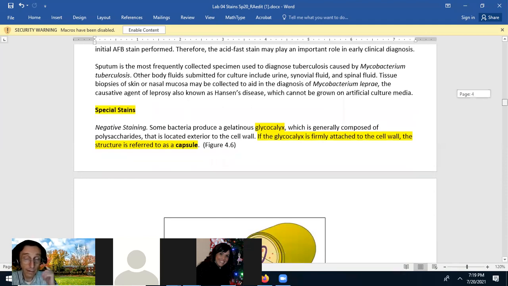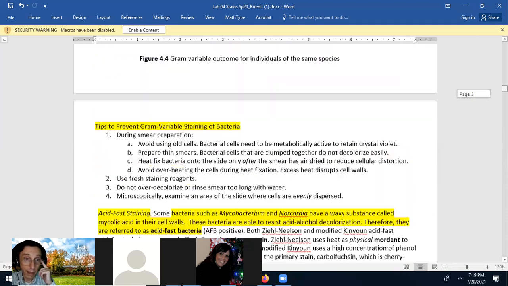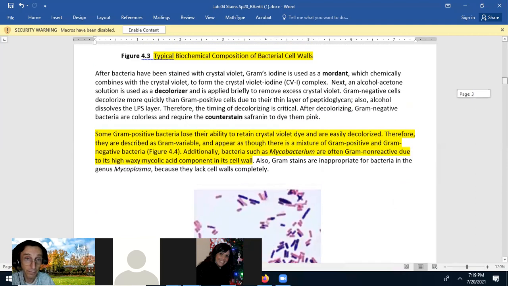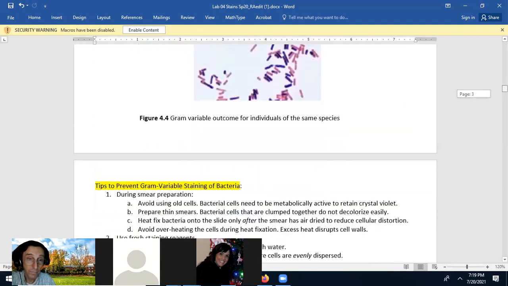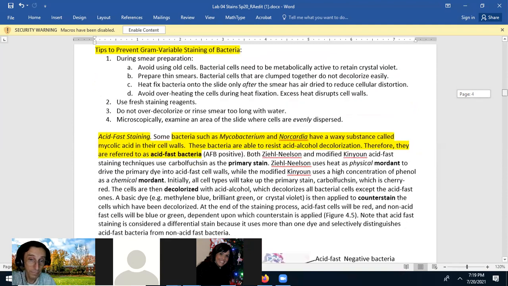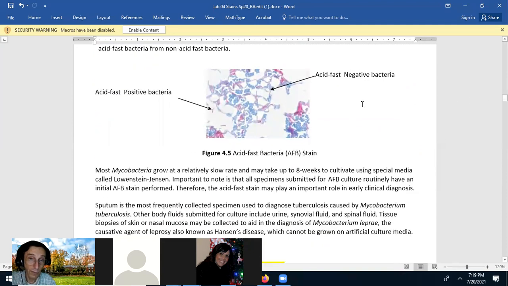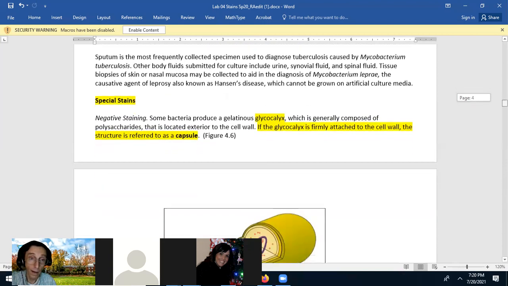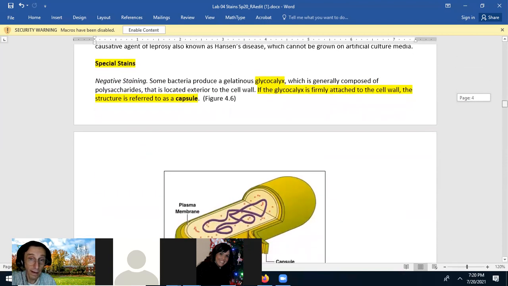All right. So those are the two main differential stains, the Gram stain and then the acid-fast stain, which show differences between cells. There are also special stains, and special stains are stains that we use to specially stain a structure of the bacteria.